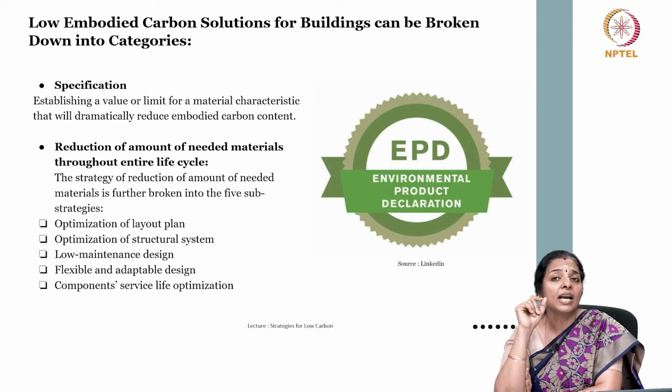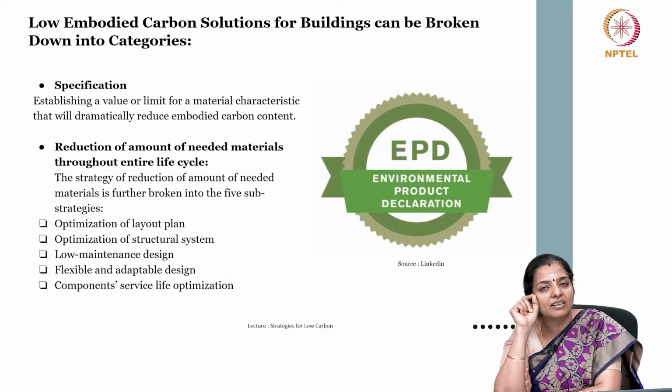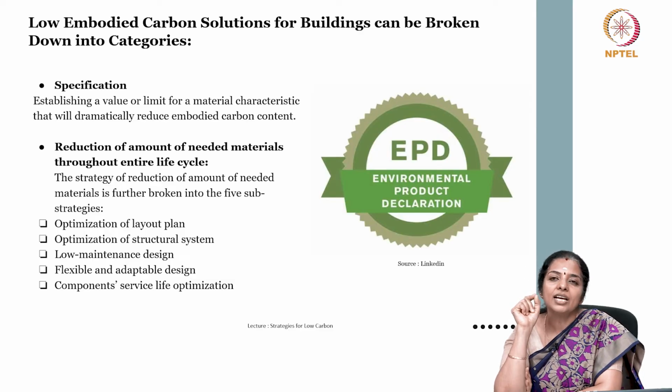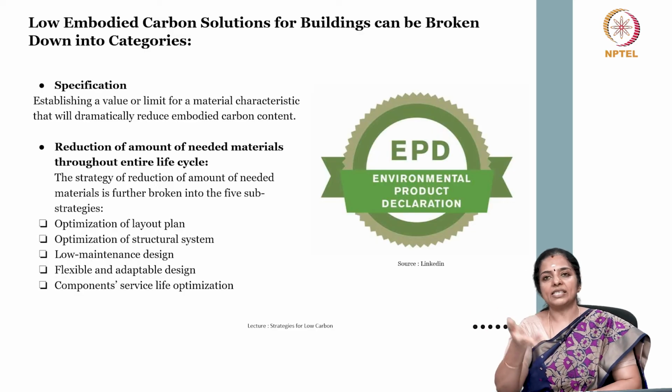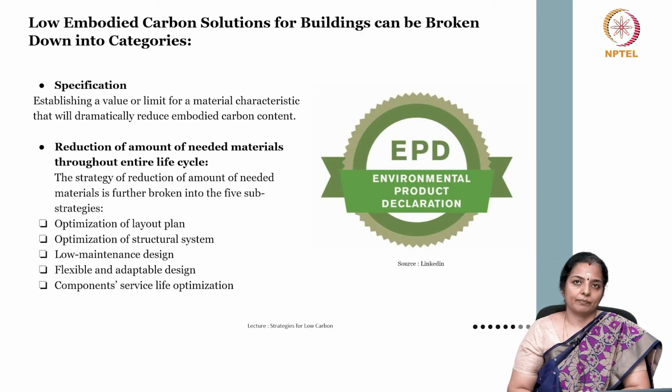Having a low maintenance design, per se, your choice of building materials itself should be such that it requires less maintenance. Flexible and adaptable design, so that as the situation changes or the family becomes big, you are able to increase the size of the house. The best example is COVID times.